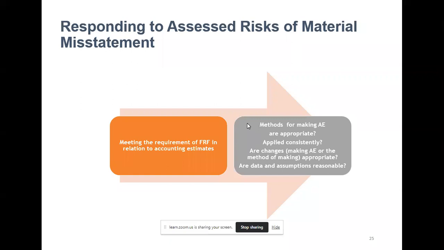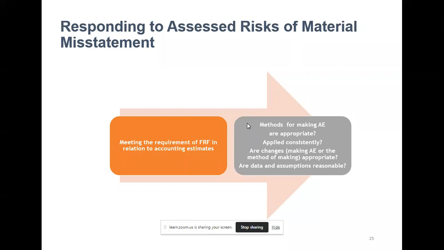At a high level there are two things we need to consider: whether the accounting estimate meets the requirements of the financial reporting framework in respect of recognition, measurement, presentation, and disclosure. That's the first thing.